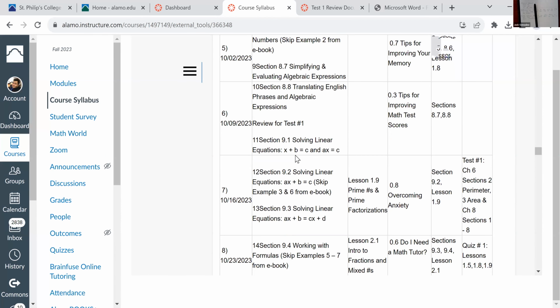All right, the review is this week, so up to the ending date, that should all be done. We should be done with 8.8 and the review by the 9th. So when we come back, review a little bit more, do 9.1, 9.2.